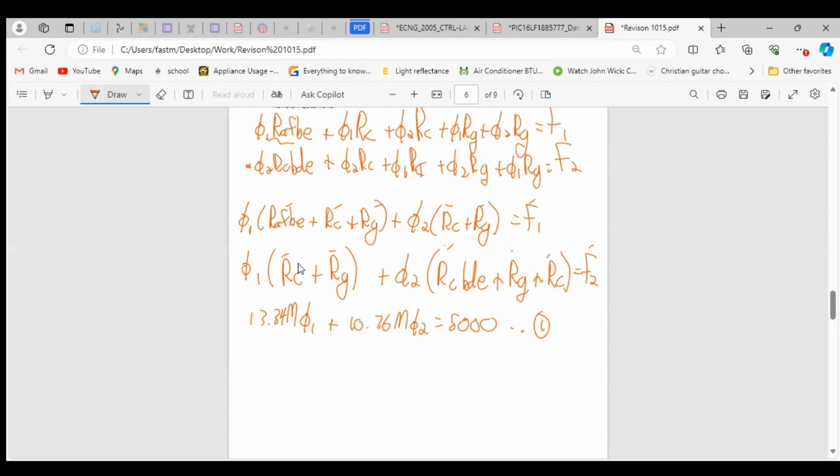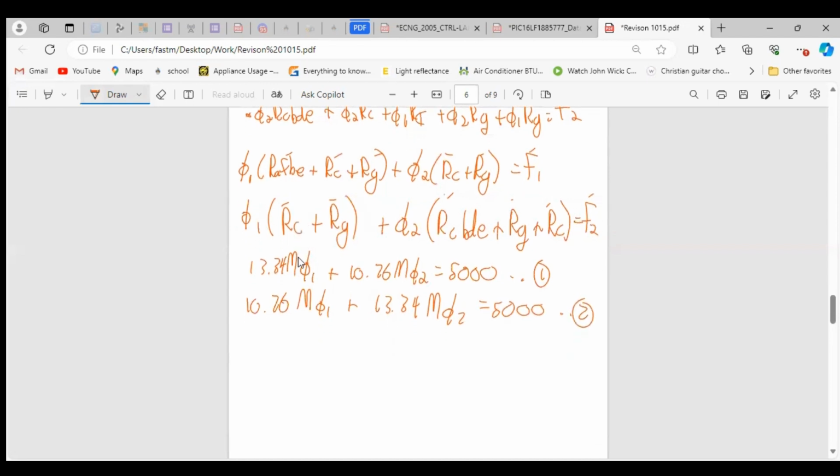Then you have 10.76 mega phi 1 plus 13.34 mega phi 2, and that is equal to 5,000. You call that the second equation. You just plug this in a calculator and solve, or use whatever method you know to solve simultaneous equations.